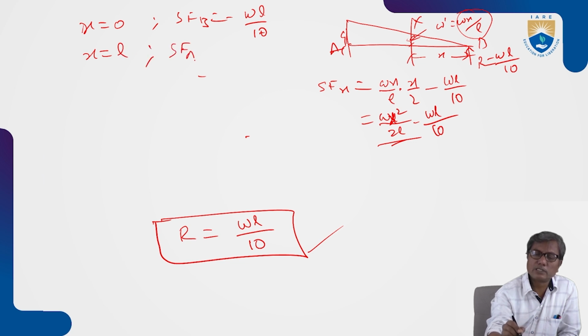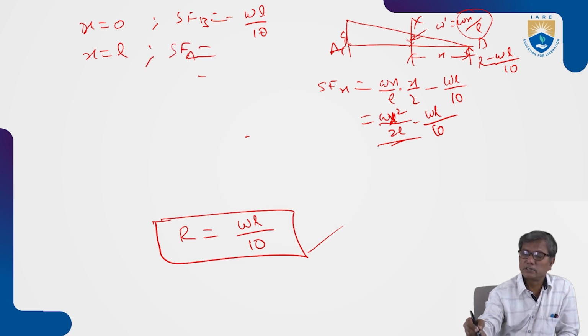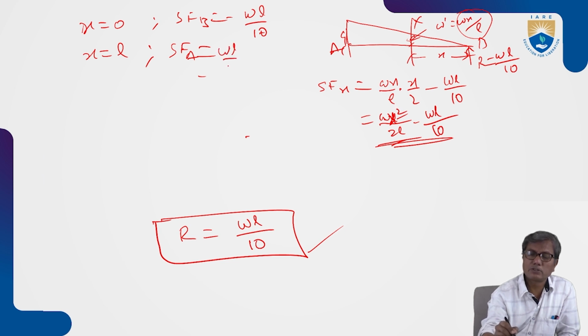shear force at A, which is parabolic. This is parabolic variation. We have x square. Okay, at x equal to L, what do we get? WL square by 2L, that is WL by 2 minus WL by 10. That is 4WL by 10 or 2WL by 5.